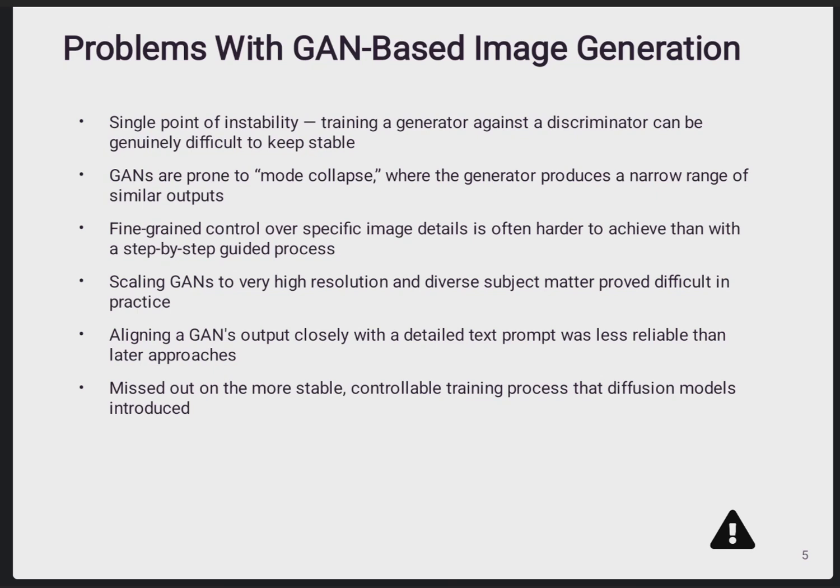Scaling GANs to very high resolution and diverse subject matter proved difficult in practice. Aligning a GAN's output closely with a detailed text prompt was less reliable than later approaches. GANs missed out on the more stable, controllable training process that diffusion models introduced.